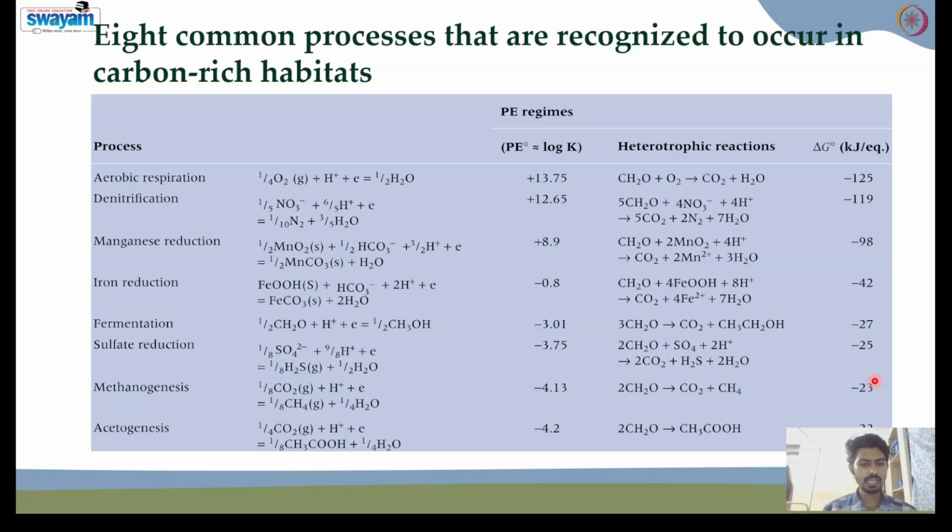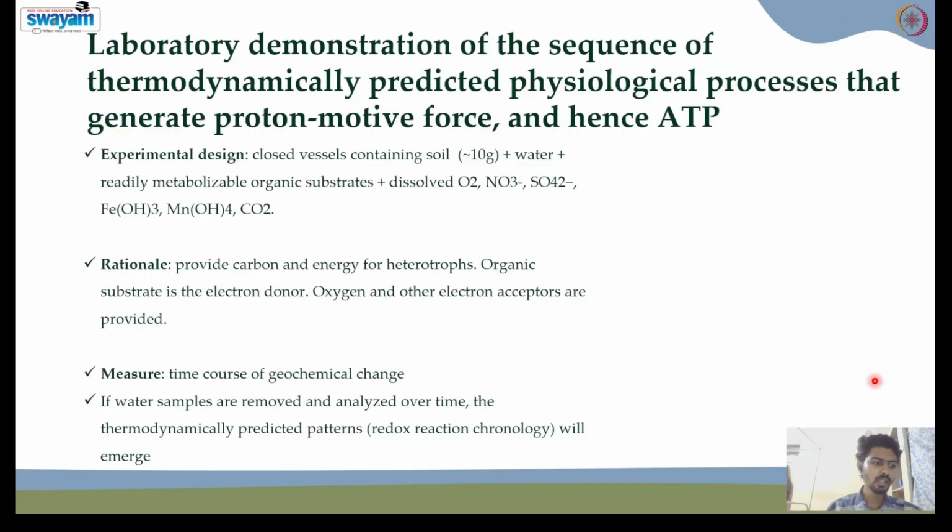And we will see numerous examples of how this oxidation reduction occurs in an environment. The first example is a laboratory demonstration where the sequence of thermodynamically predicted processes generates the PMF, the proton motive force, and hence ATP is formed.